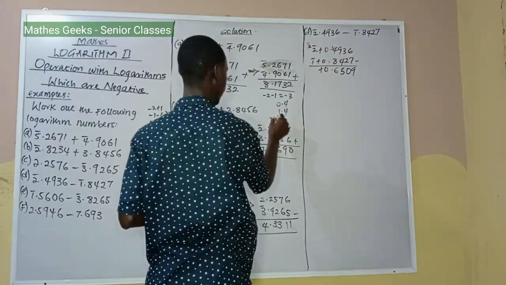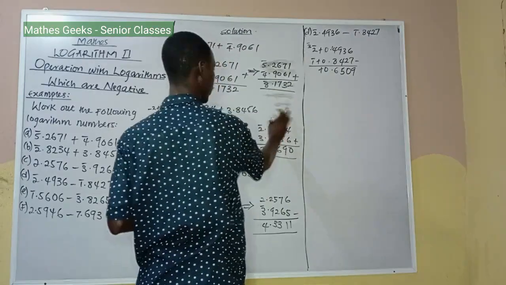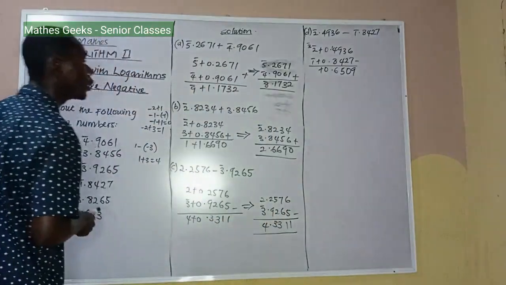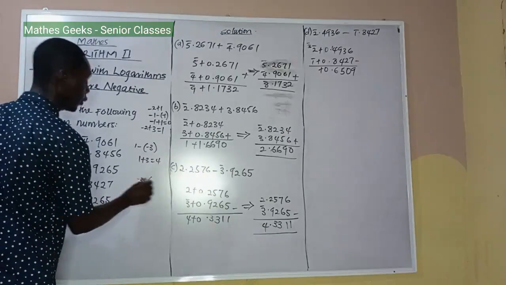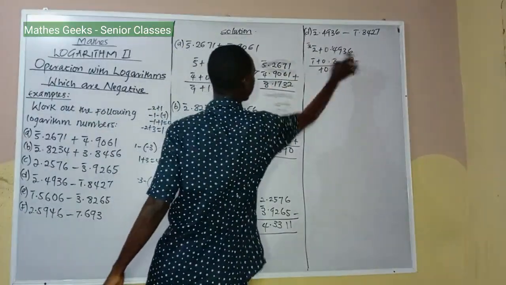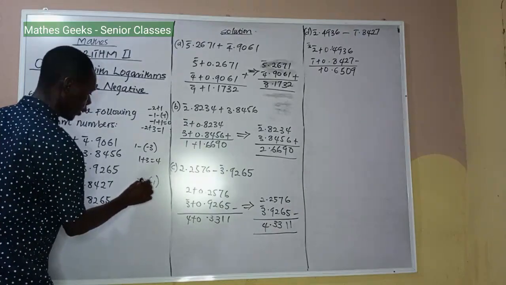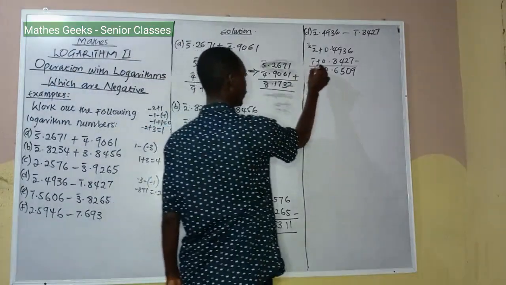So minus 3 minus 1, minus 3 minus a minus is plus 1. That's equal to minus 2. So we're going to put bar 2.